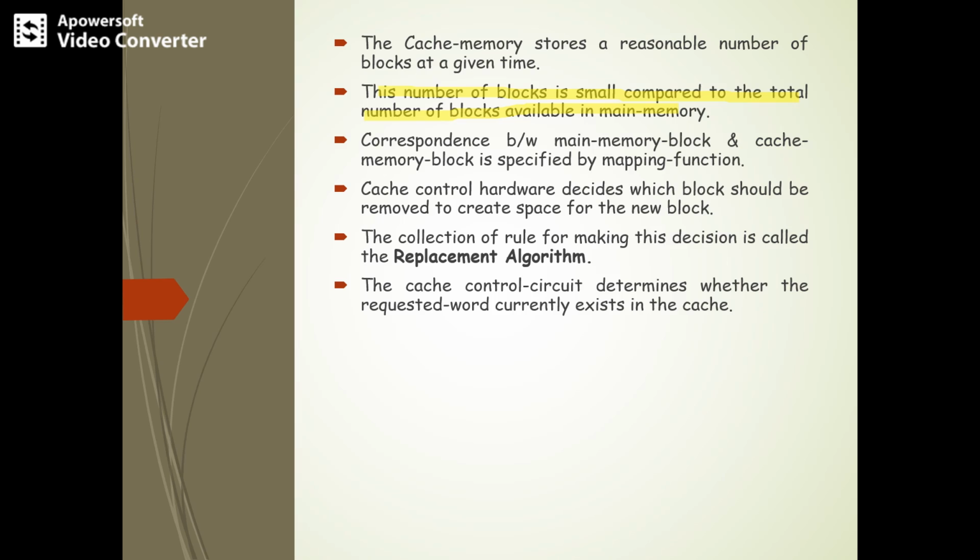There is a link between the main memory and the cache memory, so we have to map some set of pages from the main memory into the cache. That is called mapping functions. The cache control hardware decides which block should be removed to create space for a new block.